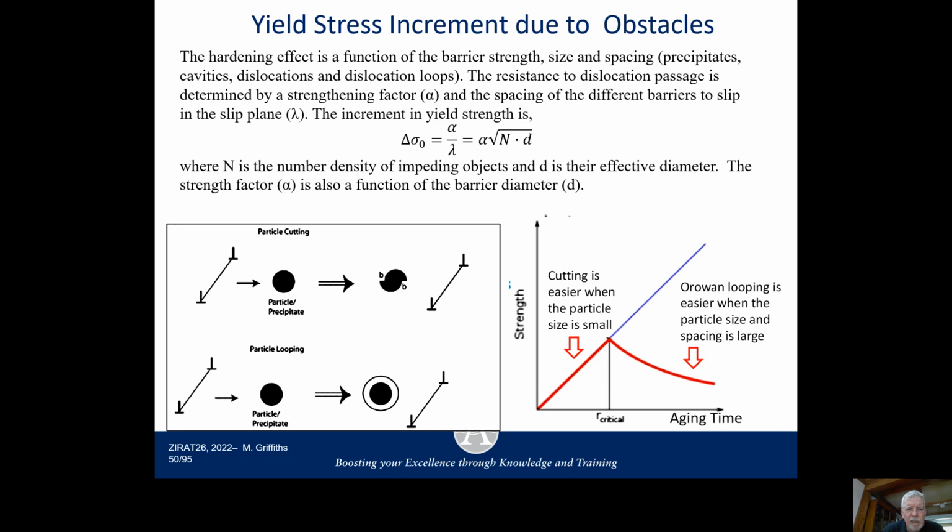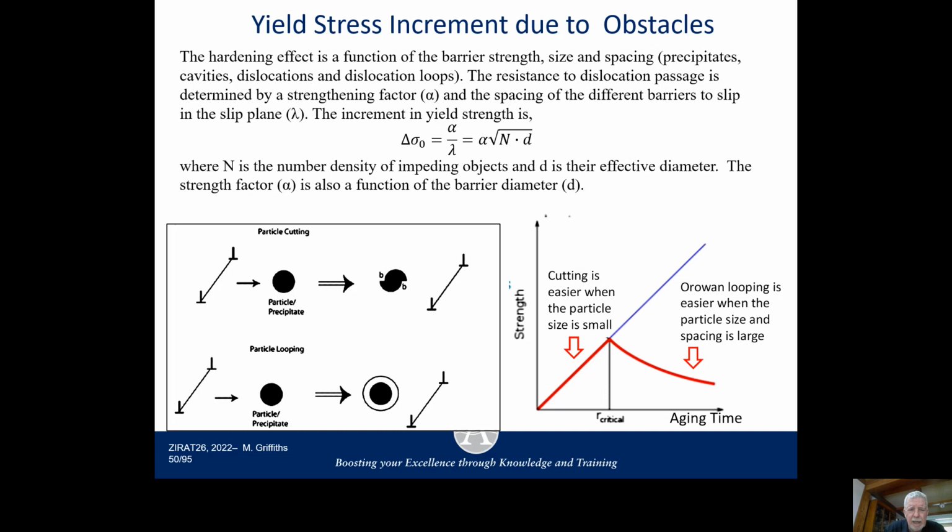So the delta increment in strength is geometrically related to some function of basically this lambda factor, which is the spacing between the dislocations, and some other strength factor which relates in part to this kind of cutting mechanism, but also is a complex combination of the geometry of the precipitates and their spacing.